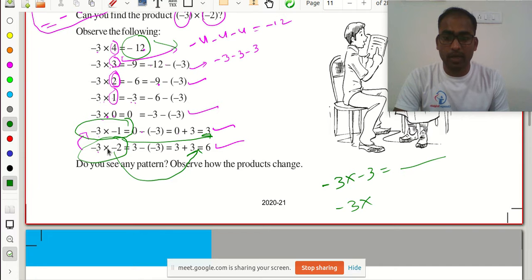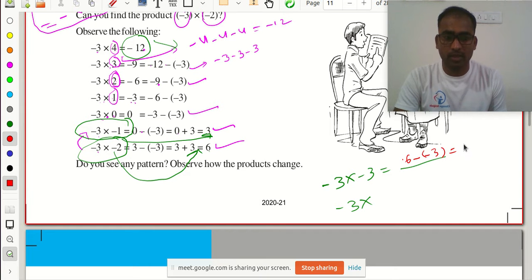See here, minus 3 multiplied with minus 2, I got 6. How minus 9? See here, minus 3 multiplied with minus 2 means what we are doing here? 3 minus. Yes, here 6 minus of minus 3.